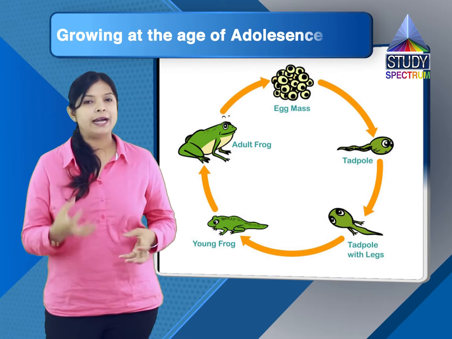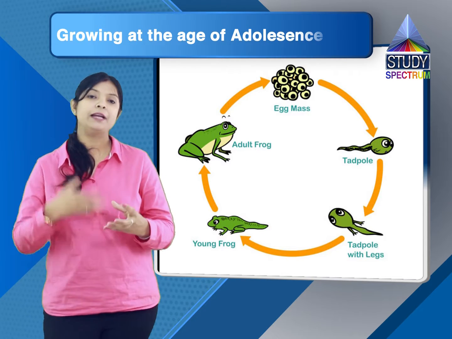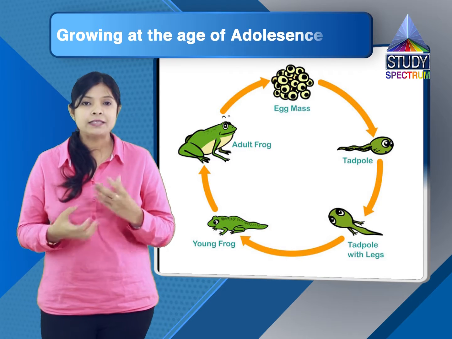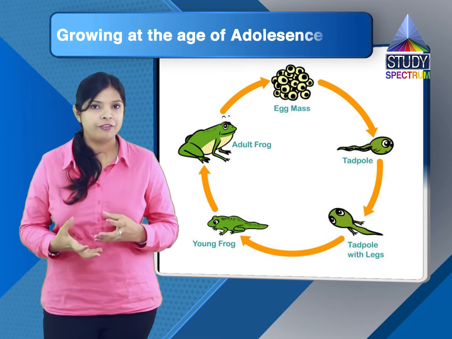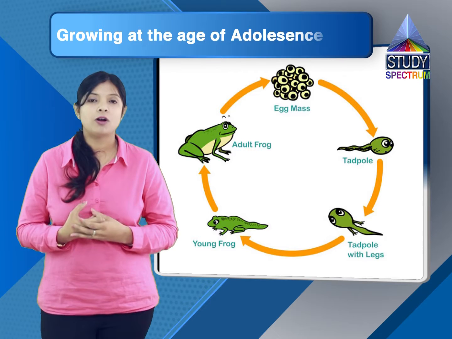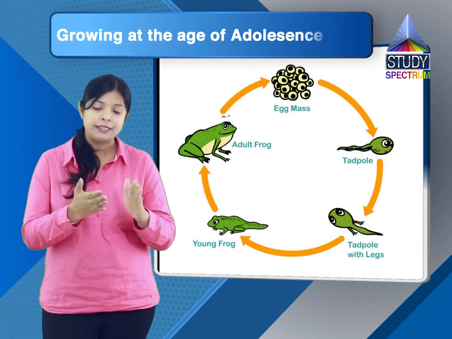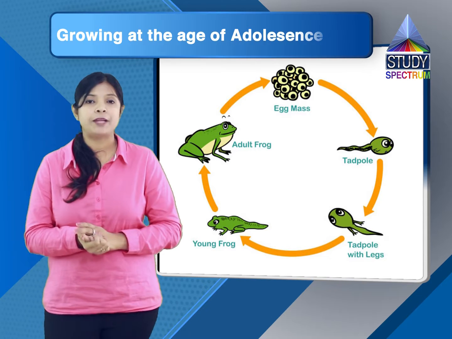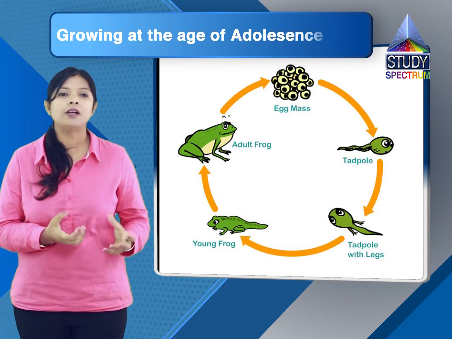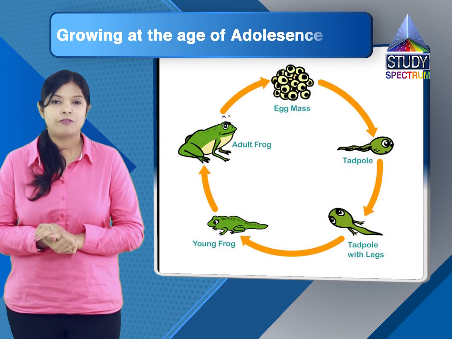Eggs to tadpole, and then suddenly from tadpole to an adult frog. These tadpoles have gills and fins, and the adult frog is completely different from the tadpole. So various changes take place in the life cycle of the silkworm and frog.